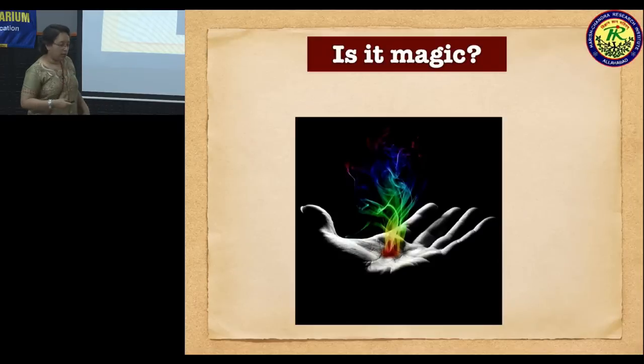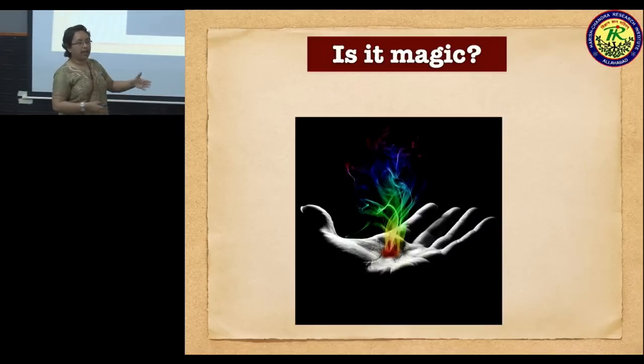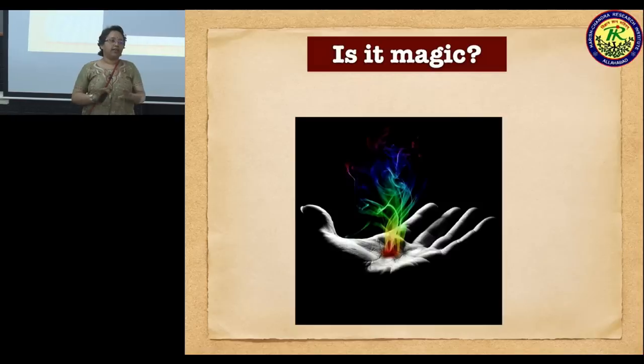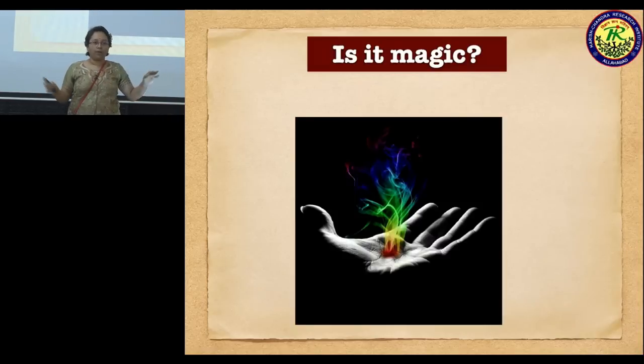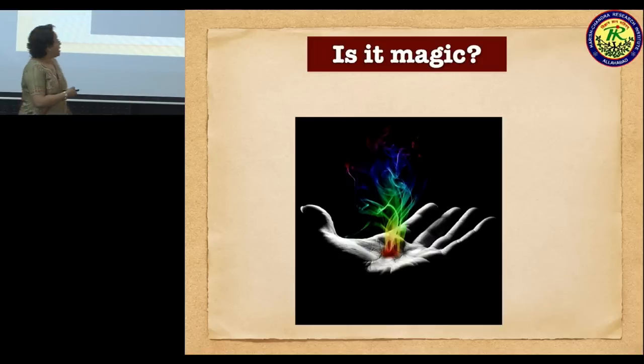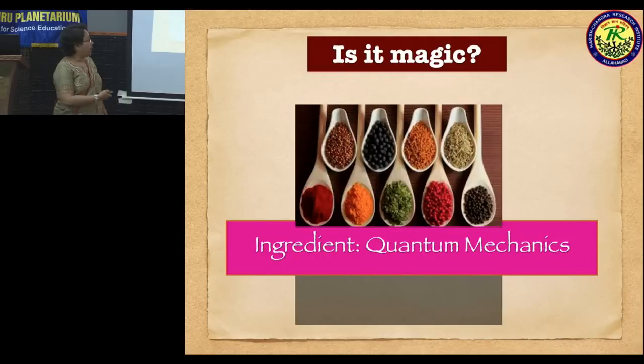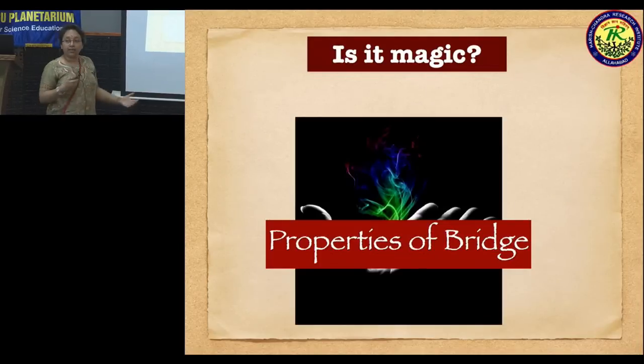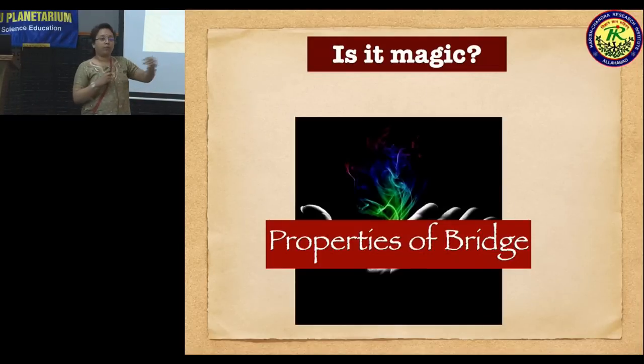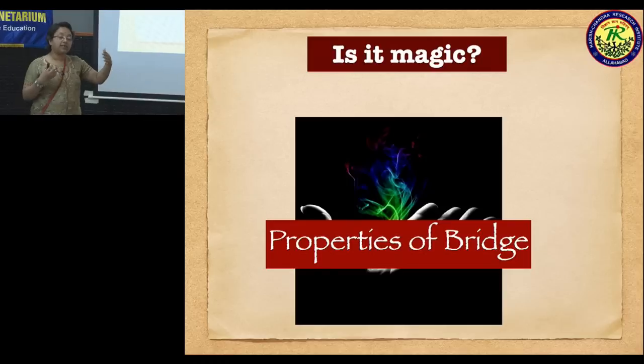Now the way I have presented it, it looks like there is some magic going on, with Alice and Bob preparing some bridge and doing something. But it's not so. The main ingredient, of course, is quantum mechanics. We understand that the bridge has certain properties which help to accomplish the task.